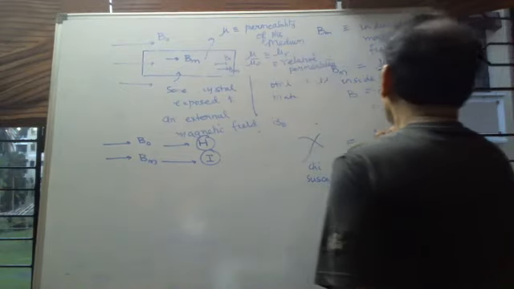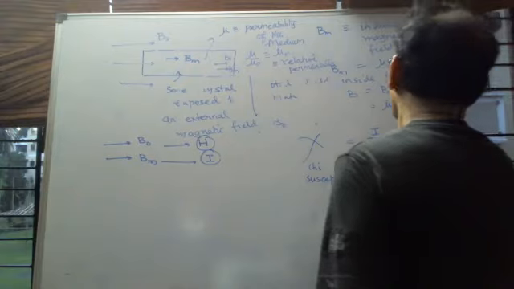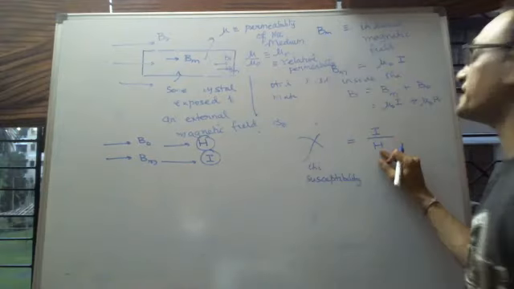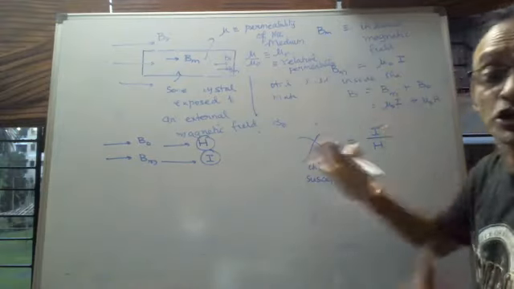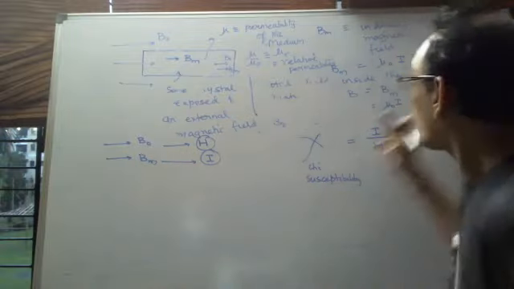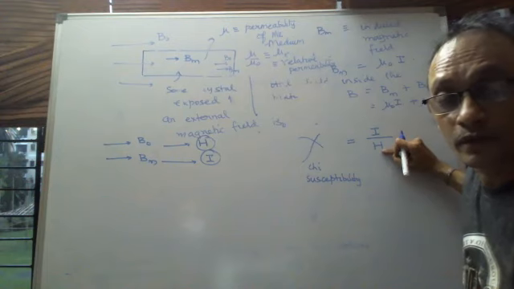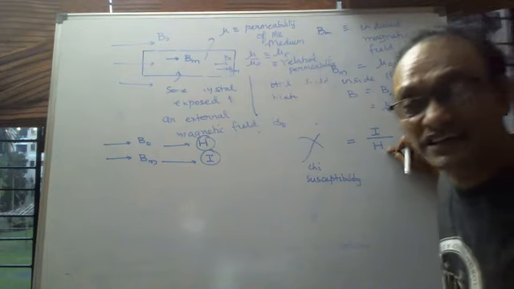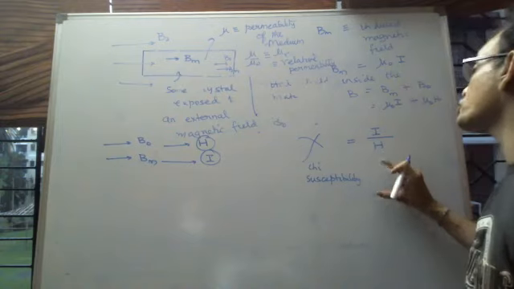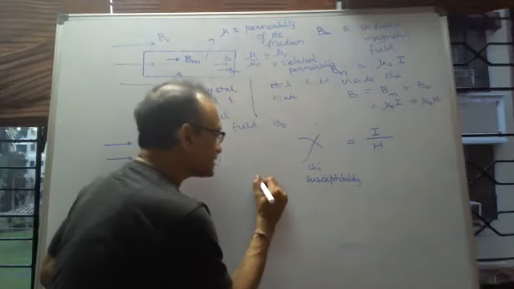It is the intensity of magnetization divided by the intensity of the magnetizing field. It tells to what extent the material got magnetized per unit intensity of magnetizing field. This is called the magnetic susceptibility of the material.